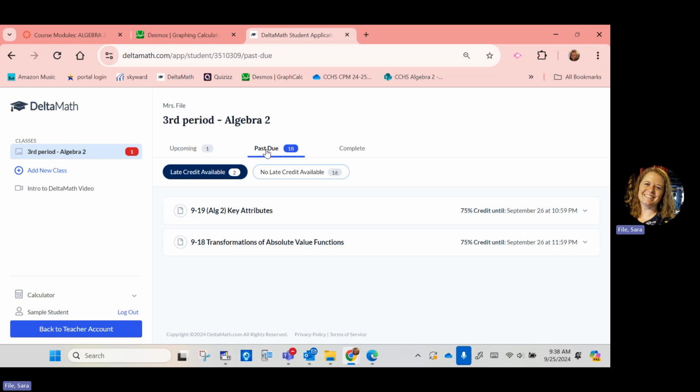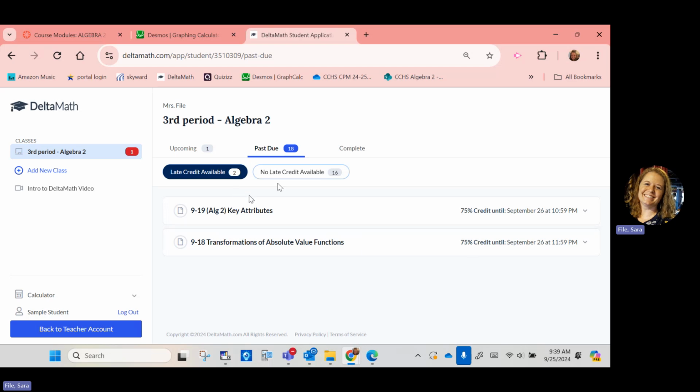Okay, there were 2 from last week, the 18th and the 19th assignments from Unit 3. Those were both due last night for full credit. If you started those and got some of it done, you can still come in here and finish, and you're only getting the late points, the 75% credit on what you do late. So if you did part of it on time, you'll get full credit for what you did on time.